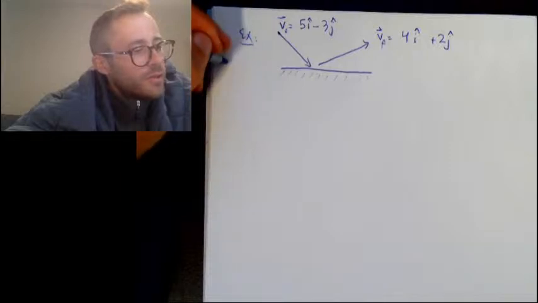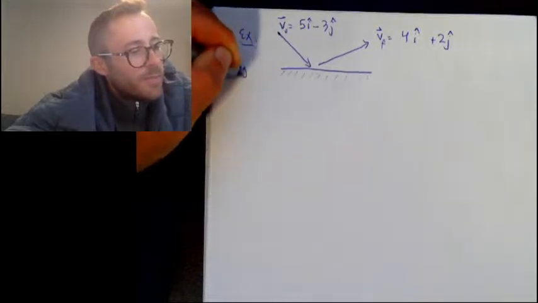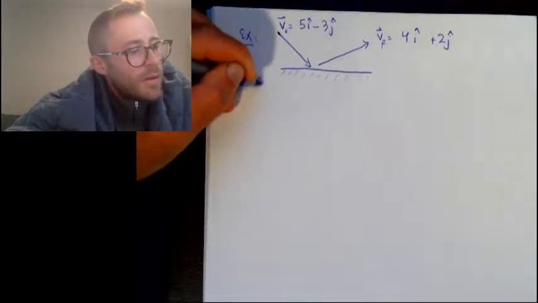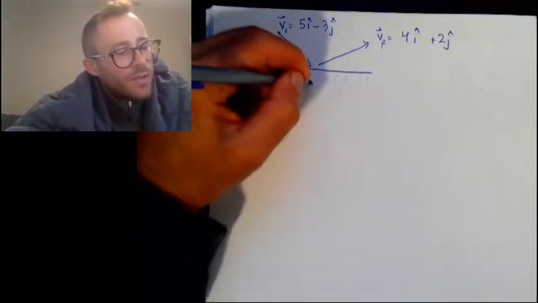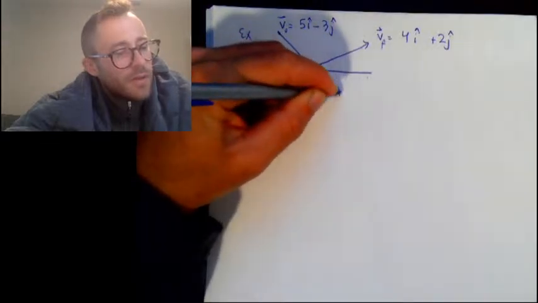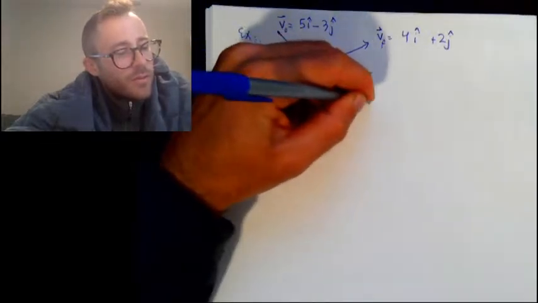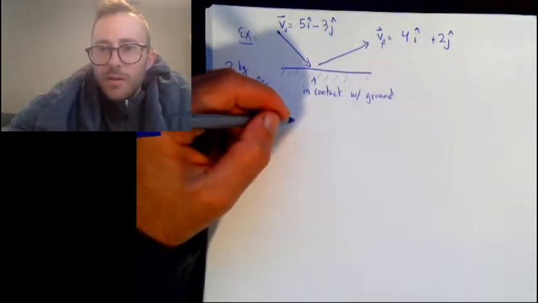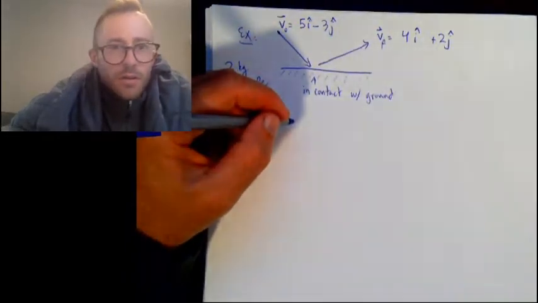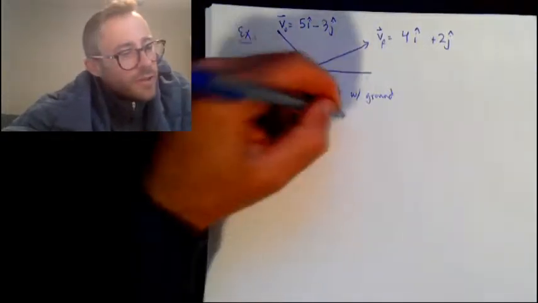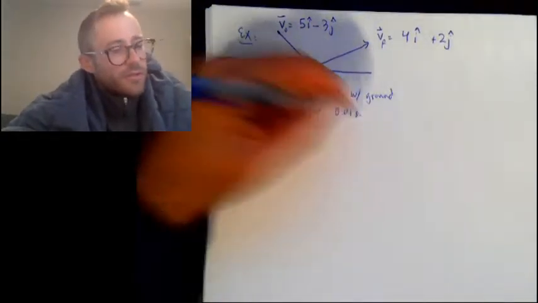Let's suppose that this is a 2 kilogram particle. And let's suppose that it is in contact with the ground for, let's say, 0.01 seconds.